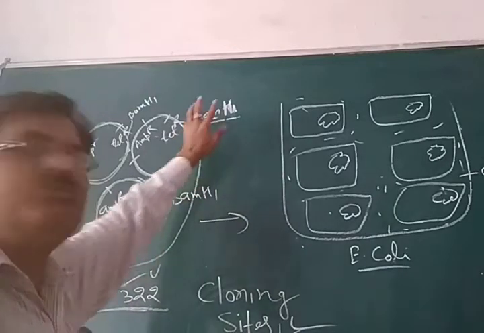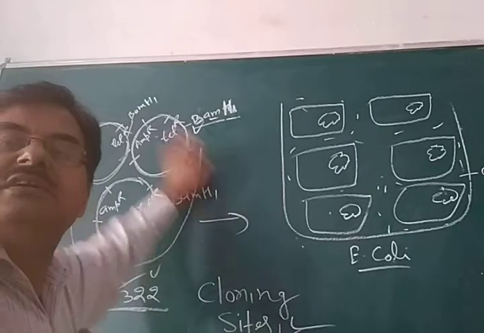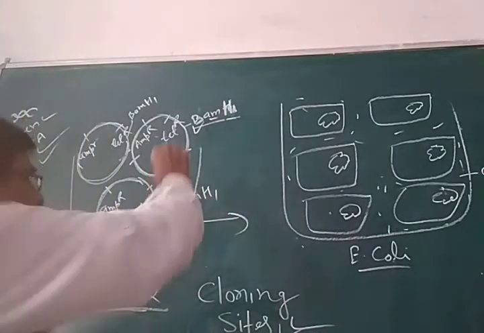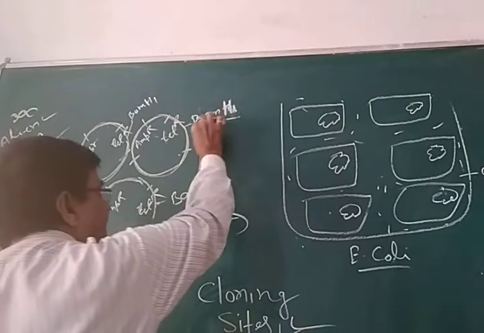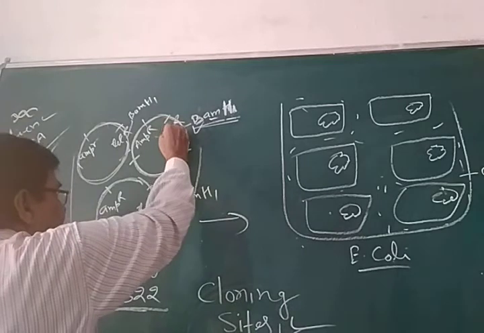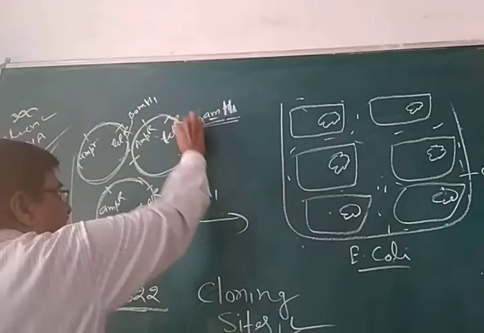So suppose we are going to use this BamHI restriction enzyme to cut these cloning vectors. Actually, this is the particular site for BamHI, and this site is present in the tetracycline resistance gene. This is the tetracycline resistance gene.